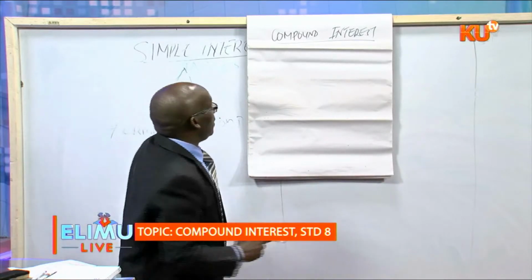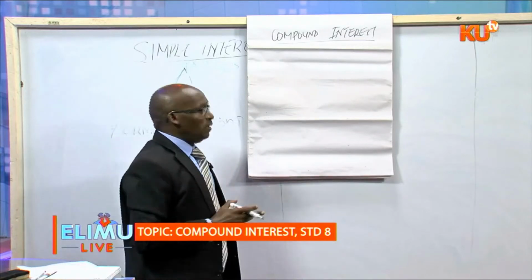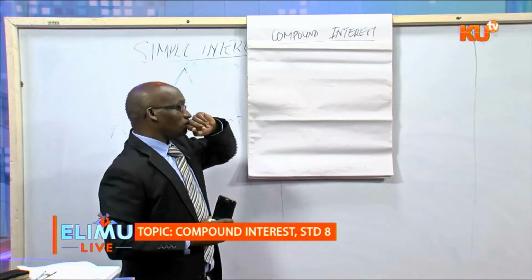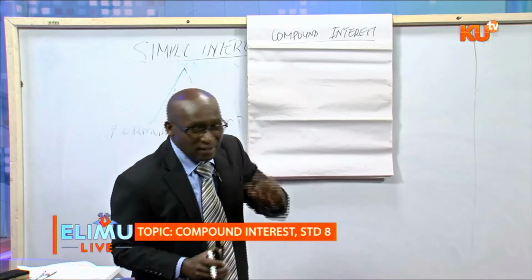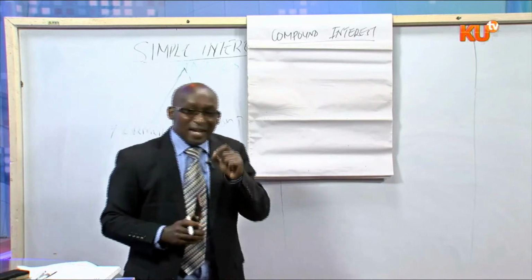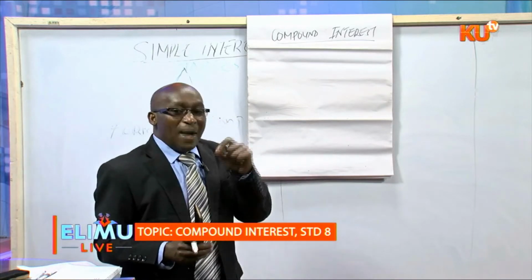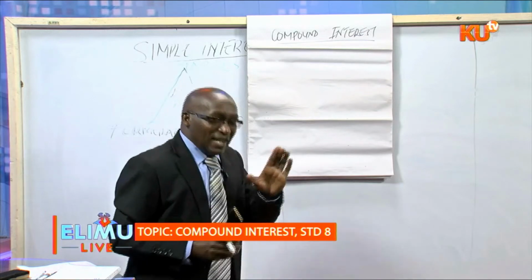The difference between compound interest and simple interest is that with simple interest, interest is calculated on the original amount only.